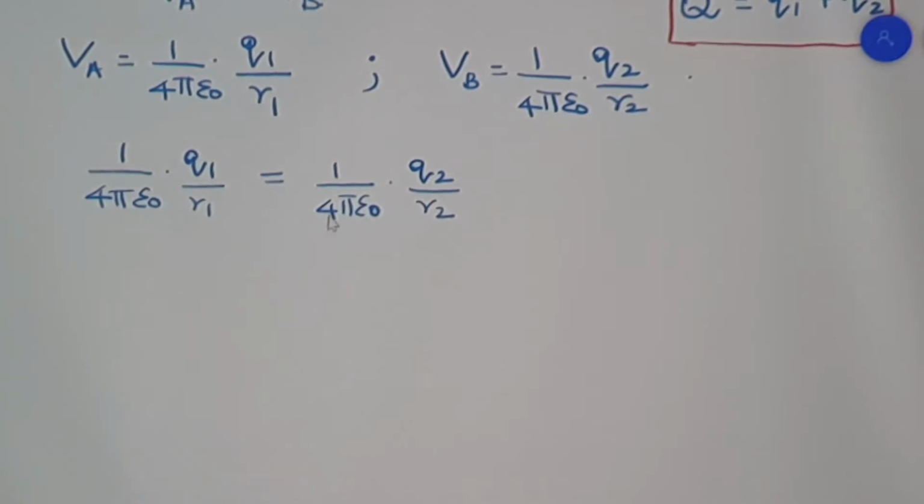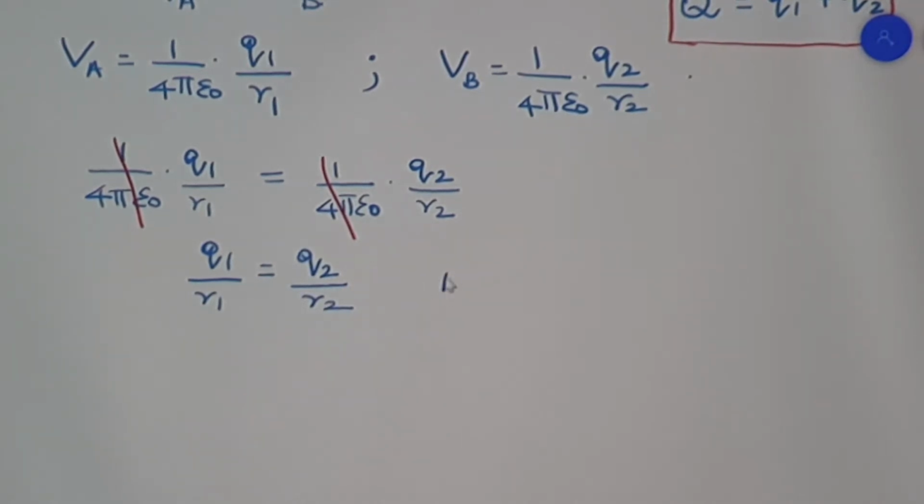Now we can simplify: the 1 by 4 pi epsilon 0 cancels on both sides. So I can write Q1 divided by R1 is equal to Q2 divided by R2.